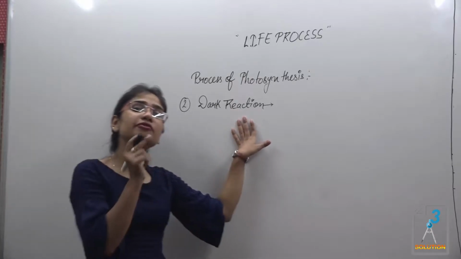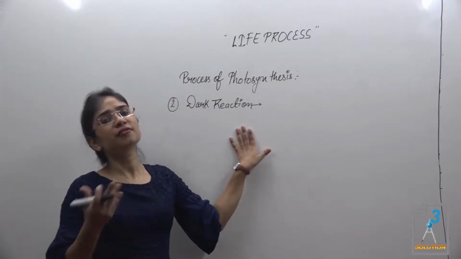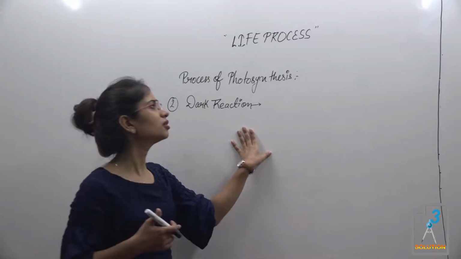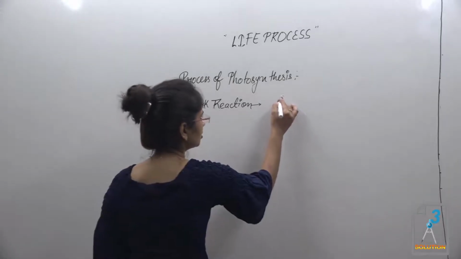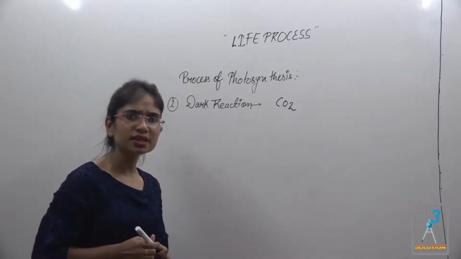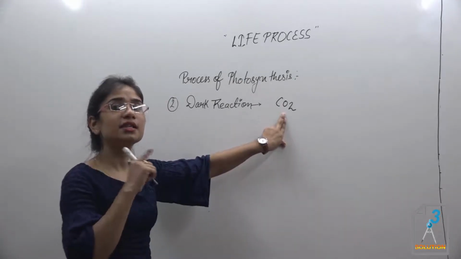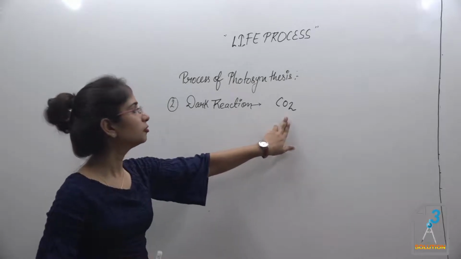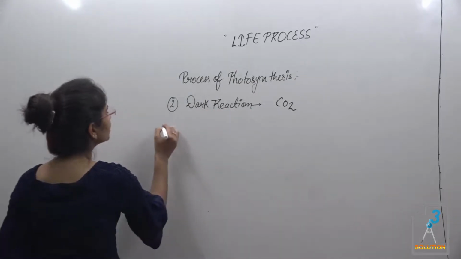Yes, we have talked about the sunlight, water molecules, and the chlorophyll, but we haven't talked about the CO2. This is the main component of photosynthesis. What does the CO2 do actually? This CO2 is responsible for performing the dark reaction.